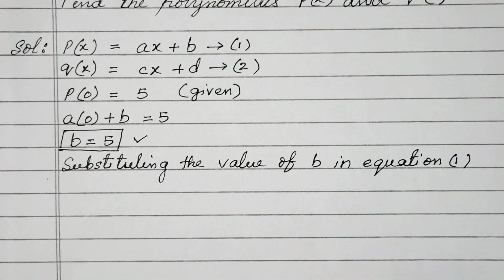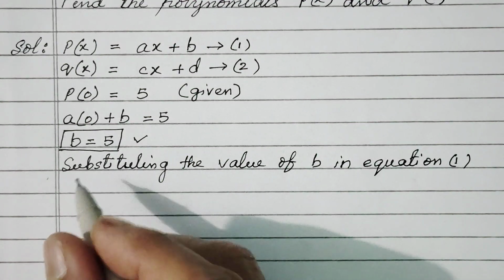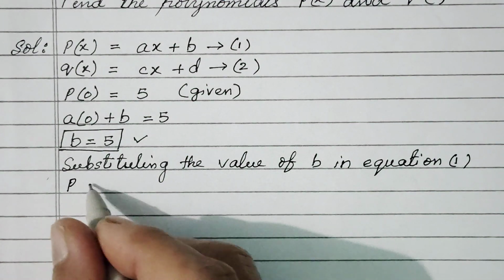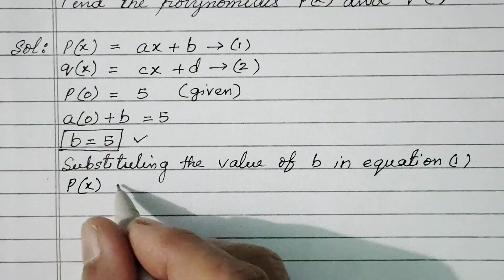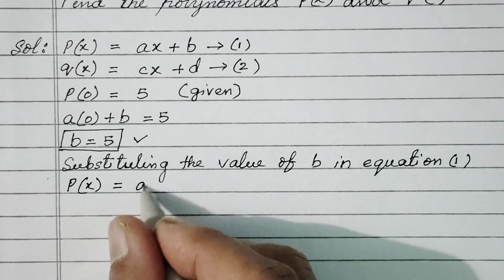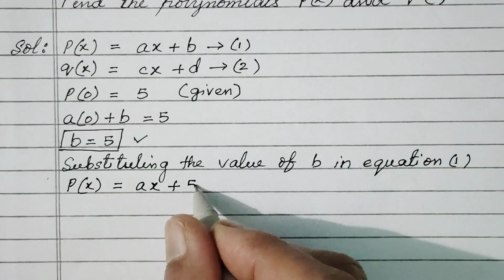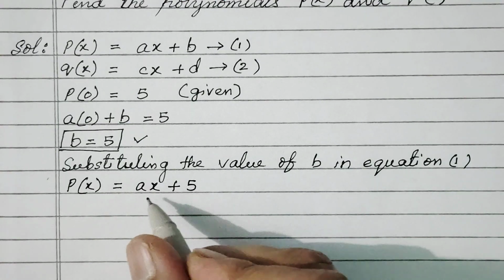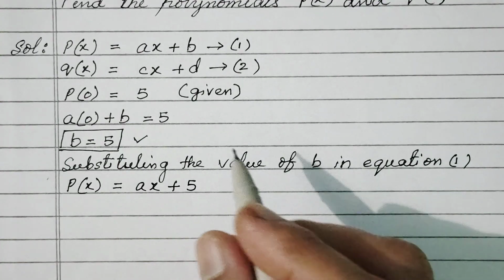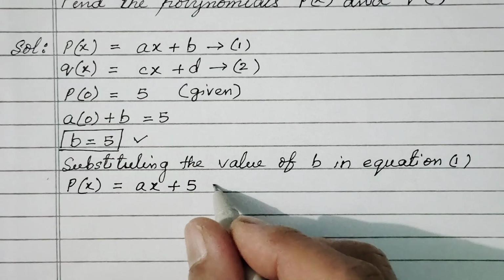So when you substitute, p(x) will be equal to ax plus 5, since the value of b is equal to 5. I will label this equation as 3.